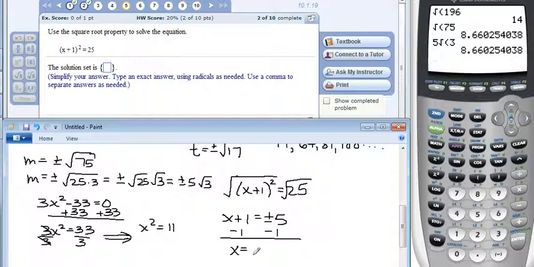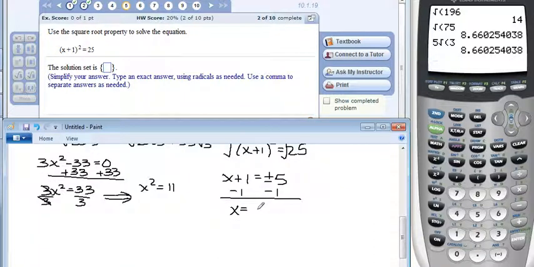So we have x is equal to plus or minus 5 minus 1. Now here's where we split. Use the positive value, 5 minus 1 for 4. Or use the negative value, negative 5 minus 1 is negative 6. So these are your two solutions here.